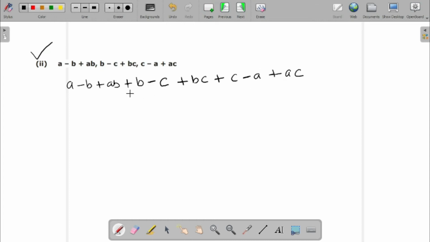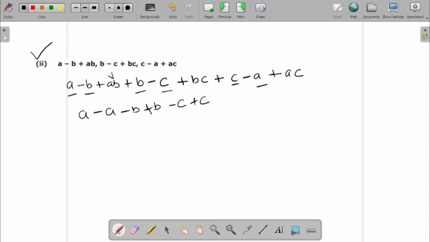Now what will we do? We will collect the like terms. So A and minus A. So we write them together, A minus A, then minus B, then B, then we write minus C. Here we have C.